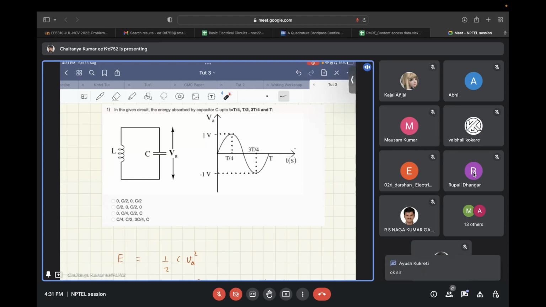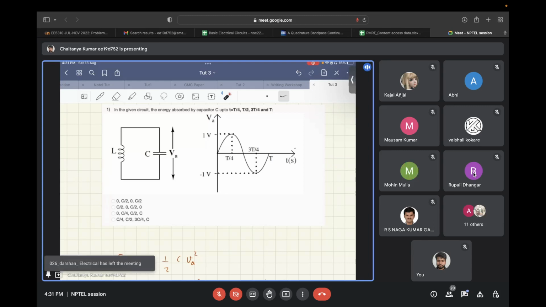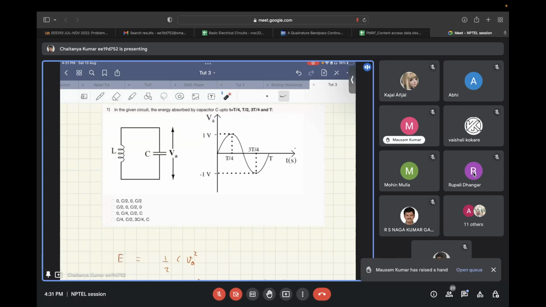It's similar to what you see in a pendulum. You might have learned in high school physics that if the pendulum swings, the energy keeps on oscillating between kinetic energy and potential energy. So that's how this also works.